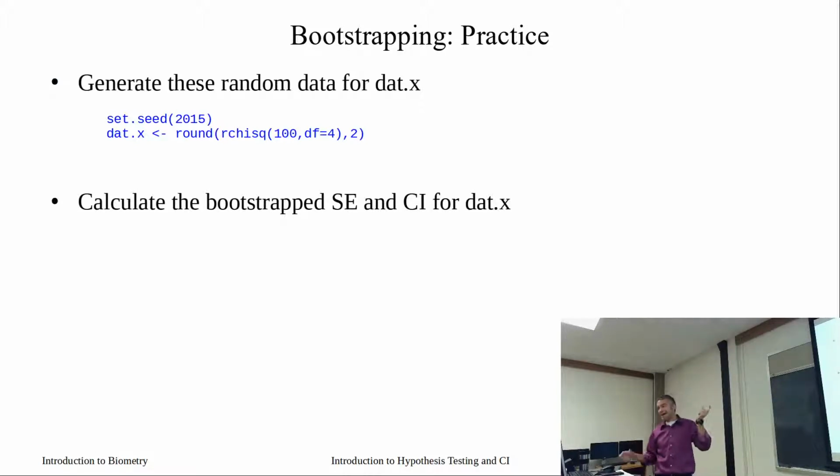So run that, and then what I want you to do is look back at the notes, at the example that's in here, and try to generate a 95% confidence interval for that vector. I say calculate standard error as well. You can do that.